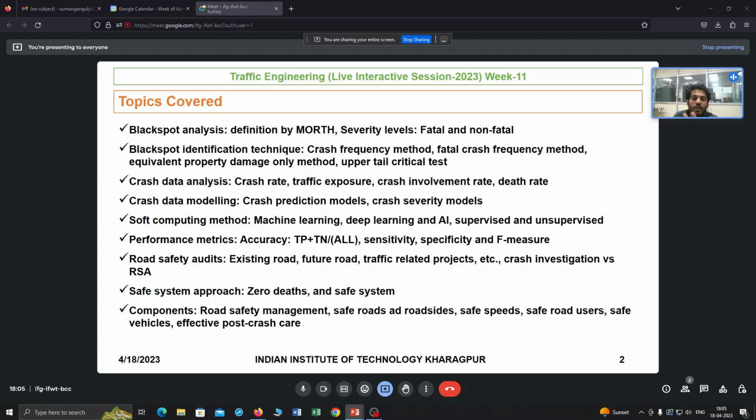Suppose there are 5 accidents with no fatalities, but some minor injuries, some major injuries. That is also called a black spot. In the other way, if the accidents are only 2 or 3 and the fatalities are 10, suppose big vehicles like buses and trucks collide, then that is called a black spot.